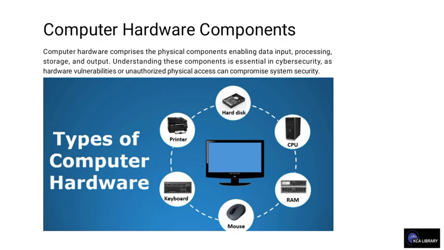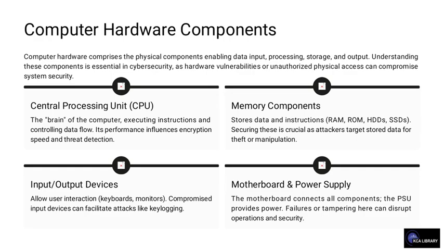And we have different components, and this is divided into the central processing unit, the memory component, the input or output device, and we have the motherboard and also the power supply components.